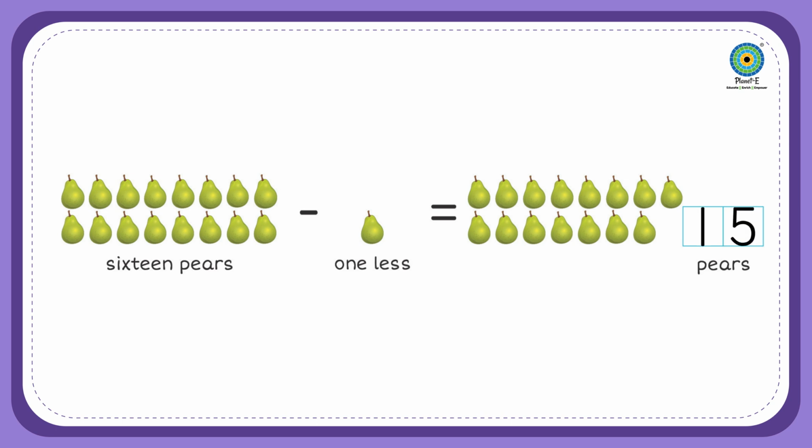Total 15 pears. So if we have 16 pears and we take away 1 pear from it, it becomes 15 pears in all.